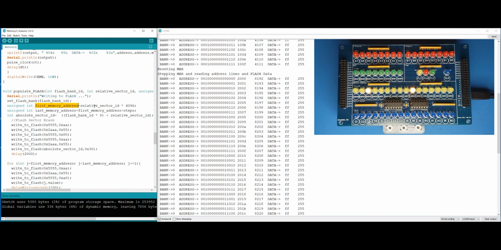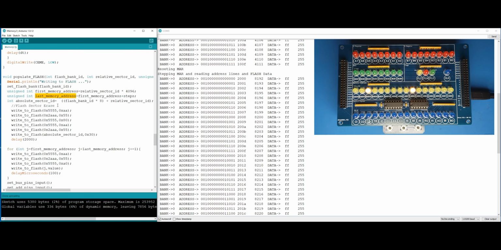That is calculated using our relative sector ID multiplied by 4096, as we discussed in the previous function. That gives us the first address. The last address will be the first address plus the number of steps we need to go ahead, and that gives us the last address. However, we have another thing here, which is called the absolute sector ID.